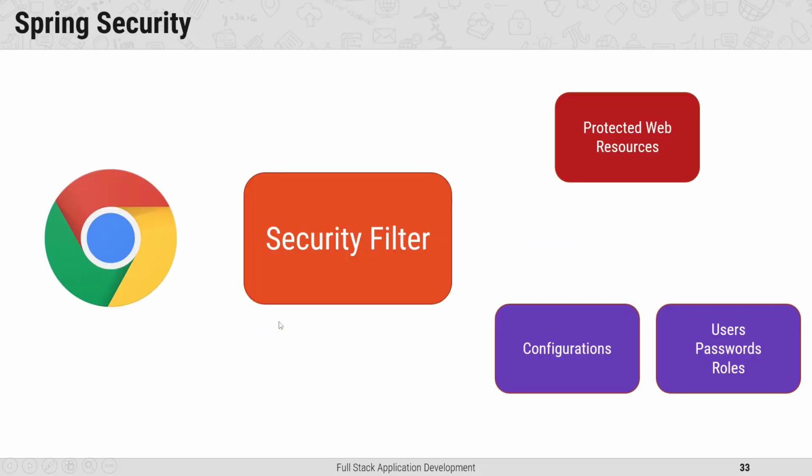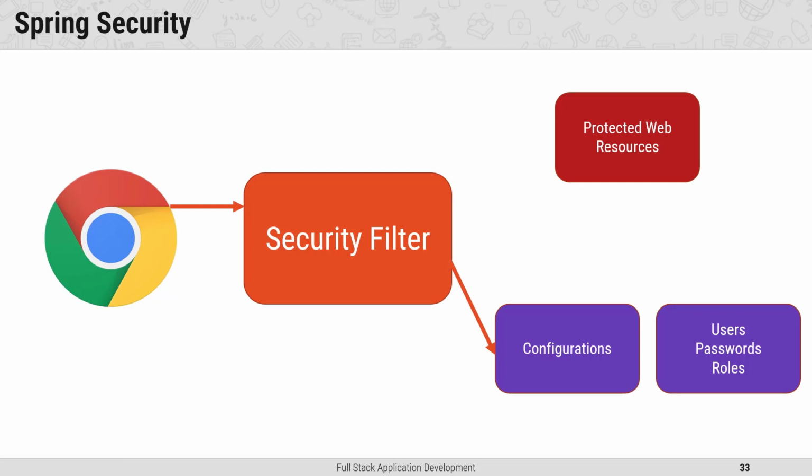So this is how it works: whenever there is a client request, it will go to the security filter if we have implemented security, otherwise not. This security filter will ask the configuration about the user roles, user password and username.